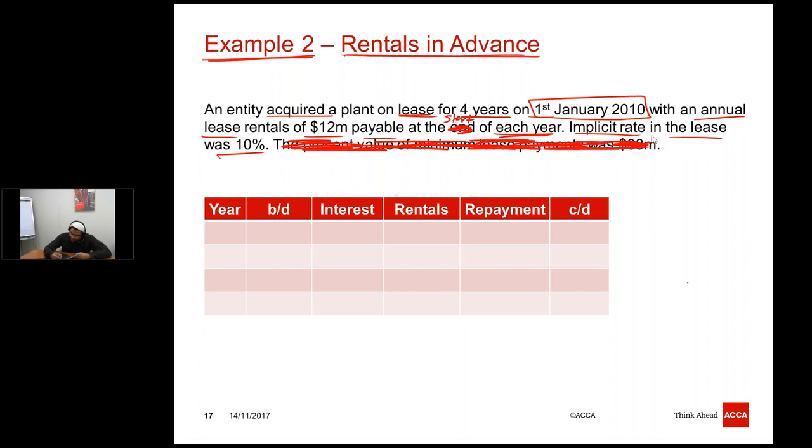So the first step, if you remember, is the right to use debit and the lease liability credit. By which amount? By the present value. So this time if I write down the present values, I'm going to say year 1, 2 and 3. Because we have already paid the first annual rentals of $12 million.